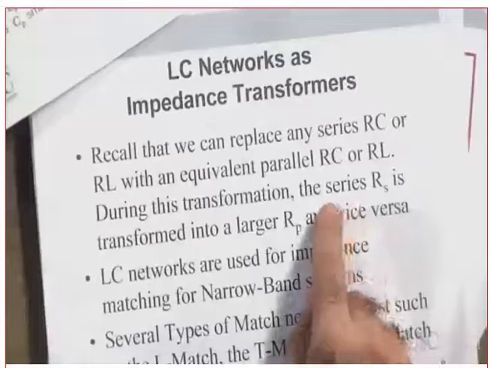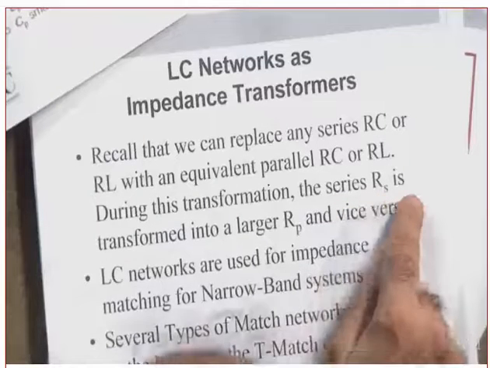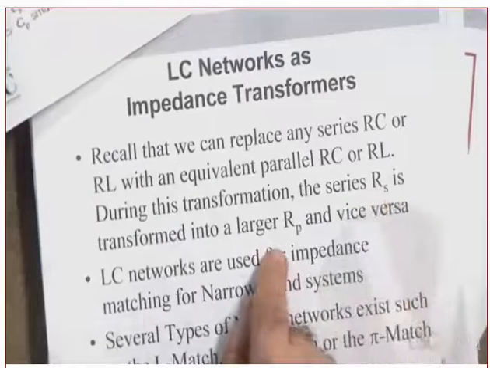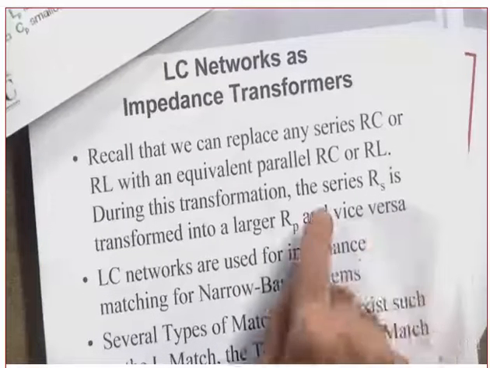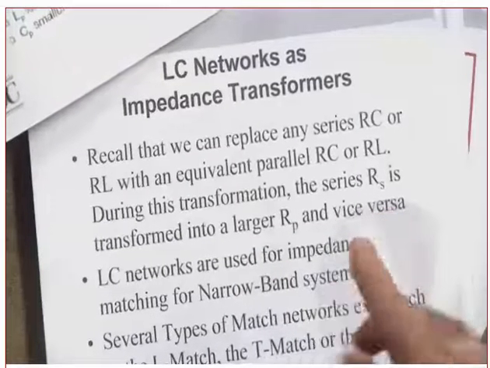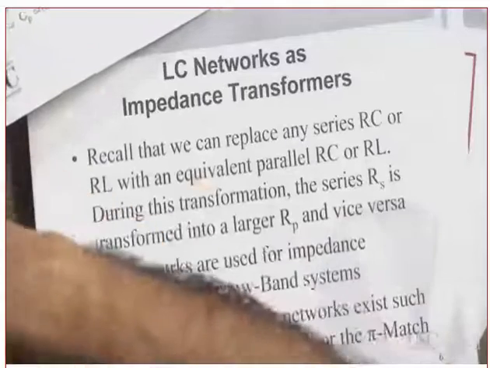During this transformation, what did we see? We see that the series resistance was transformed into a larger RP. And vice versa. What does vice versa mean? It means RP is transformed to a smaller RS.